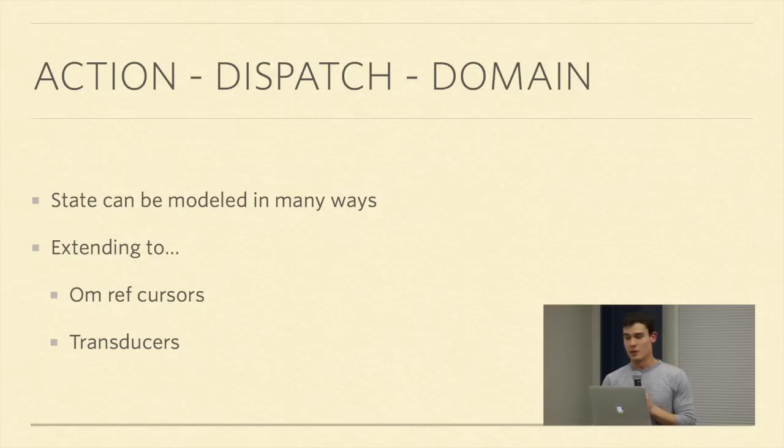You lose out on some optimizations by Om where it knows where you transact on cursors, since you're swapping in entire application states at once. Then again, if you are making multiple transactions to do a single state change, it might end up being faster. Just some things to think about.